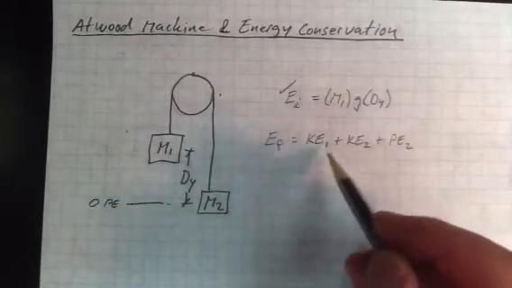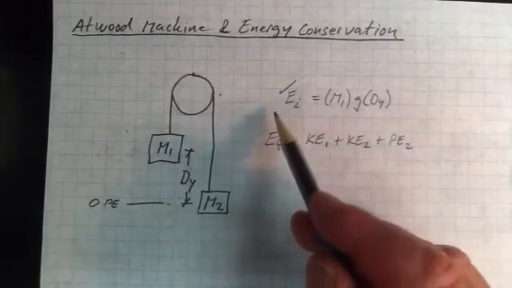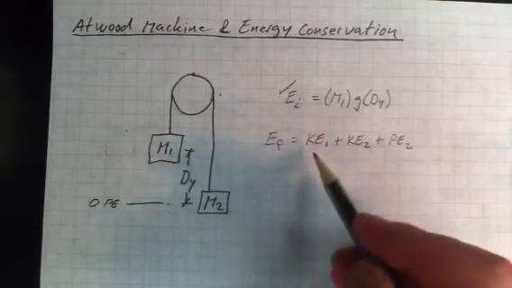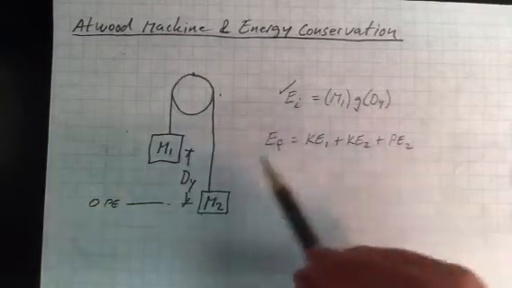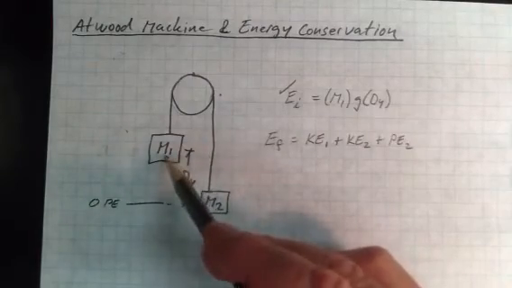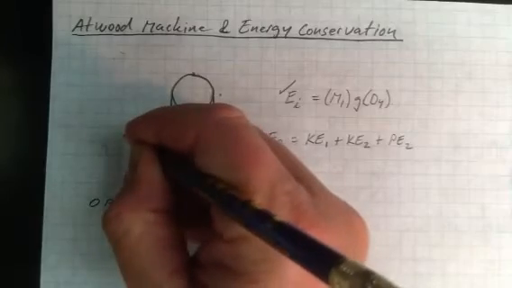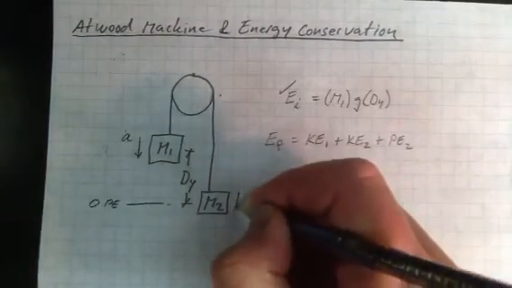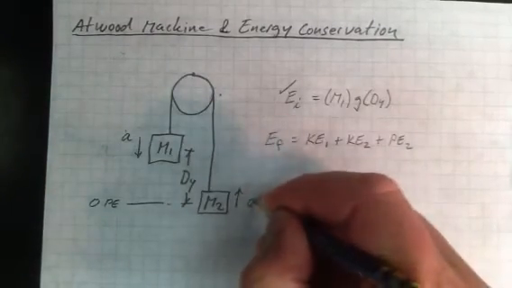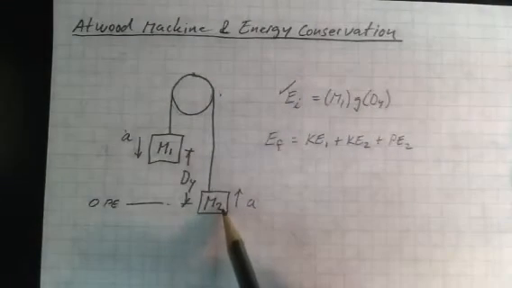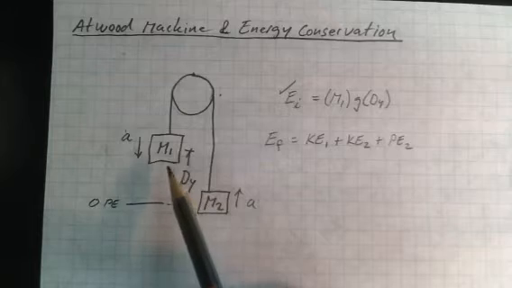The final energy, when I add them all up, it's got to equal this number, but I need the bits and pieces. Well, what's going to happen is when I let this system go, this mass is going to accelerate in this direction. This mass is going to accelerate in this direction, which means that this mass is going to gain potential energy.